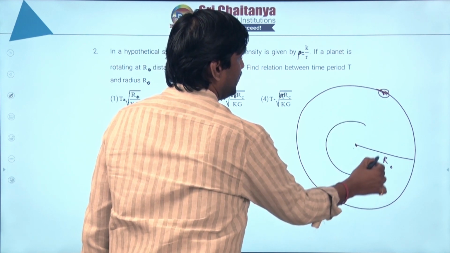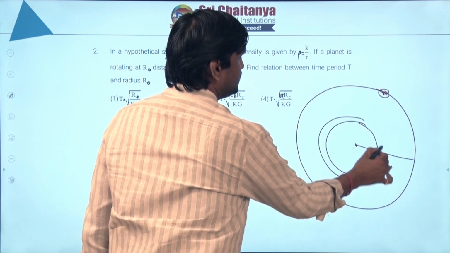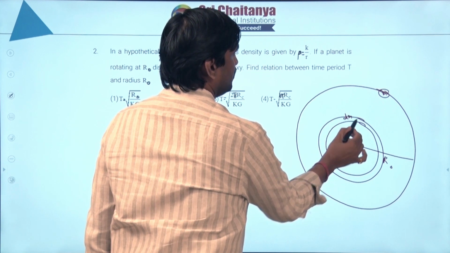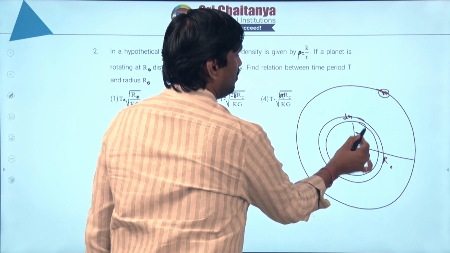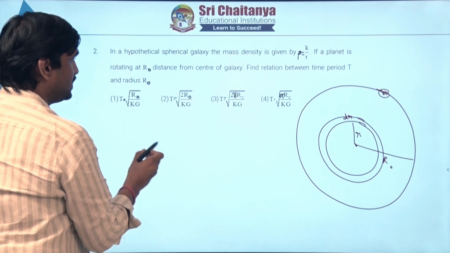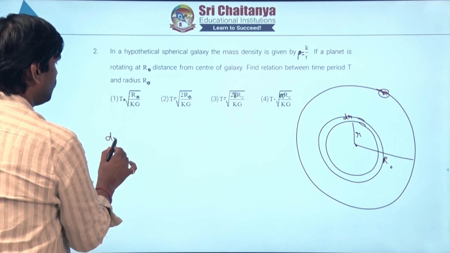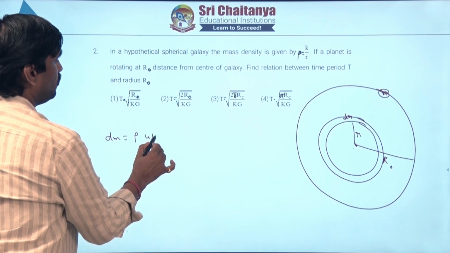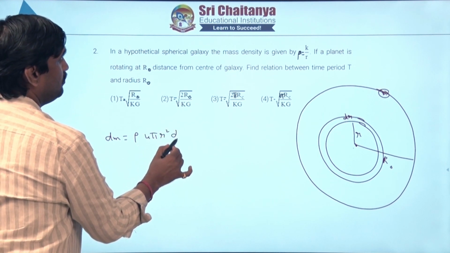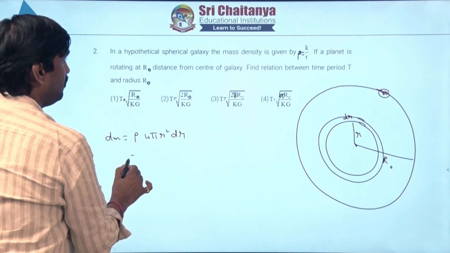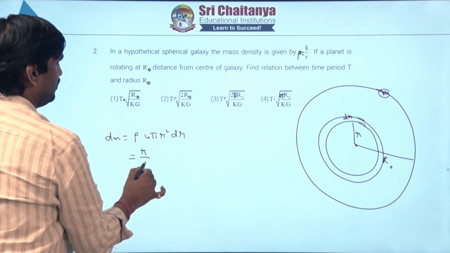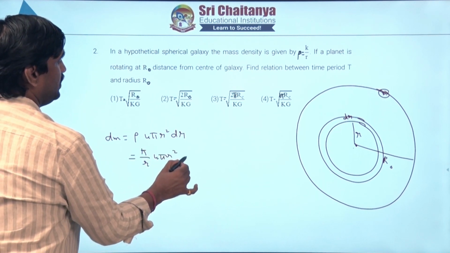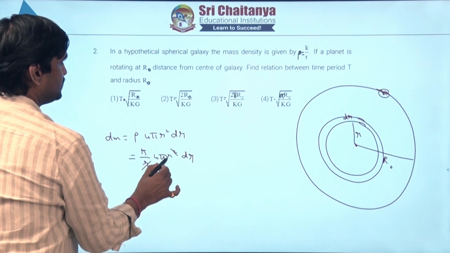For that I am taking a differential segment dr, thickness, at position r. Now the mass of that differential segment, dm, is equal to mass per unit volume into volume, 4 pi r square into dr. Now this is k by r, 4 pi r square into dr, the r gets cancelled.